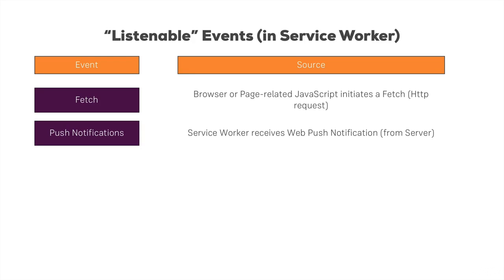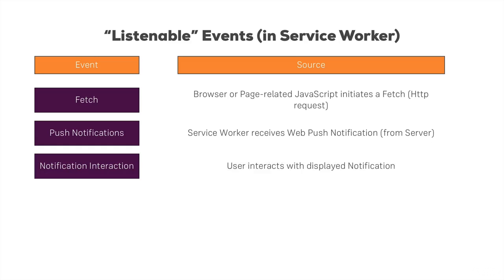Now, once you got the push notification, you often want to show an alert, a notification to the user in your application or on the phone. If the user interacts with that, for example, taps on that notification, you can also listen to that interaction in the service worker to do something with it, show an example page, load something from the cache, whatever you want to do.